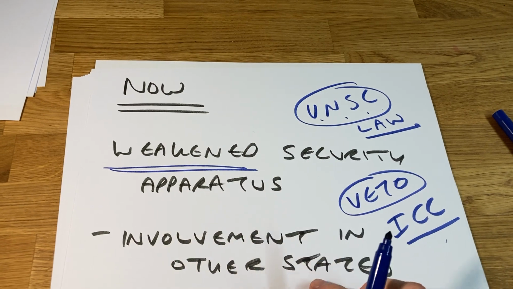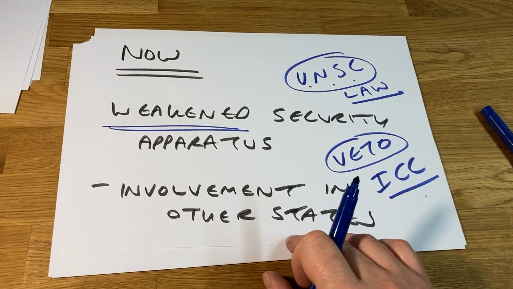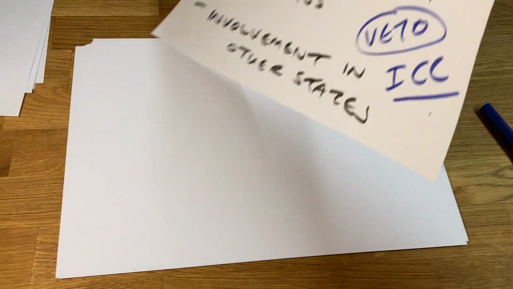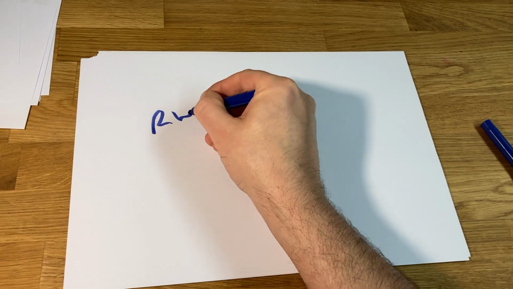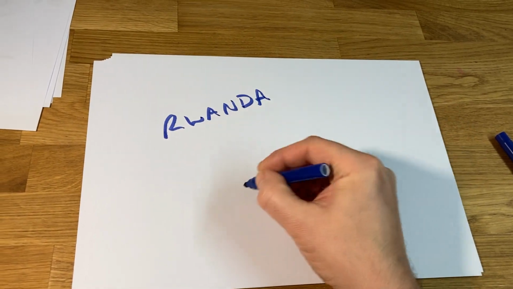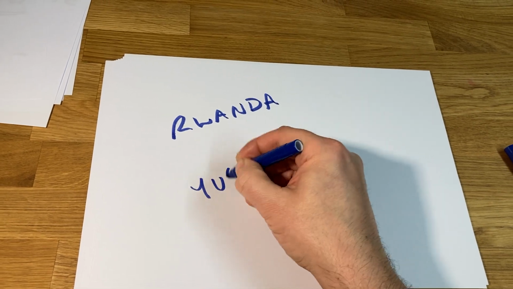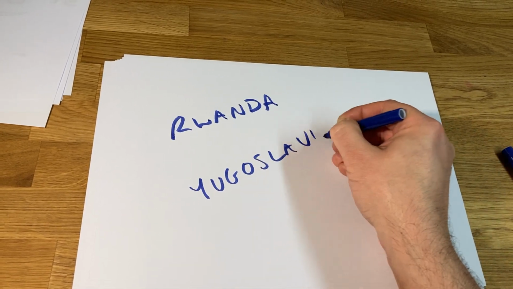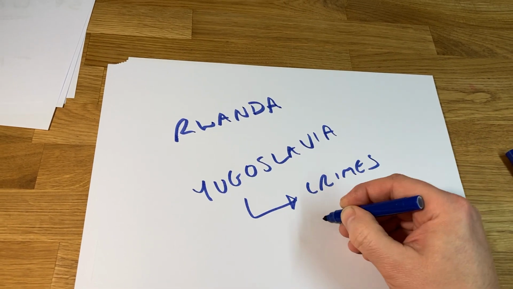Or states get involved in the business of other states to settle matters themselves. And this is where your precedents come in. So your precedents come in from cases like Rwanda, where you have genocide. They come in from cases like the wars in the former Yugoslavia, where you have the involvement to prevent crimes against humanity.